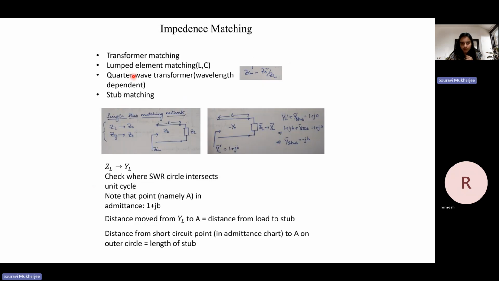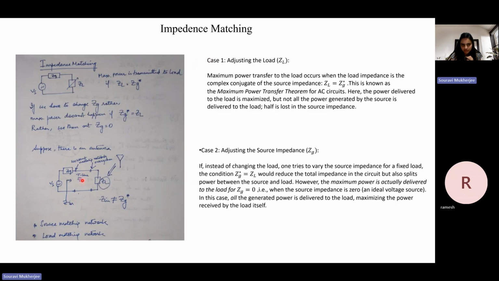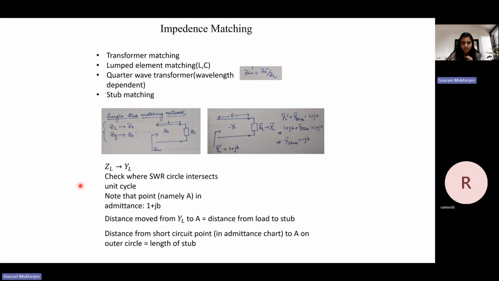Or you can have lumped element matching, where you add certain lumped circuits, something in series, something in parallel, to make the effective load get matched with maybe the characteristic impedance of your transmission line.